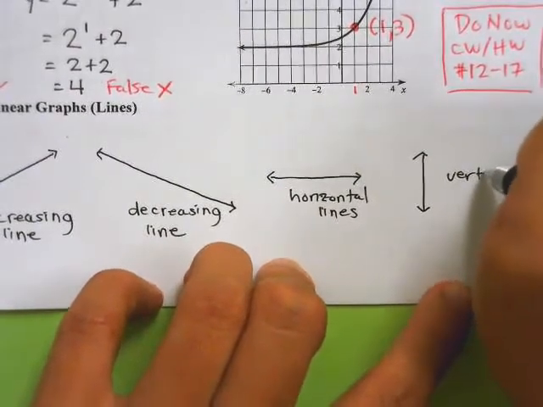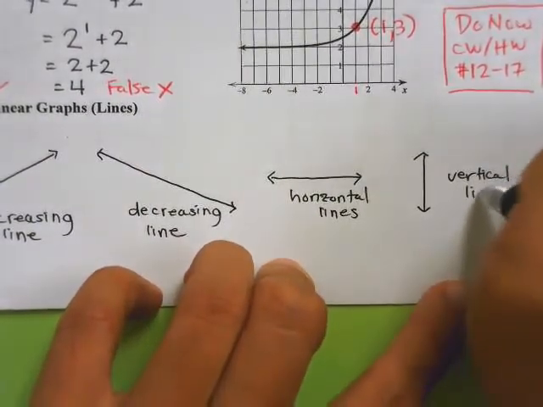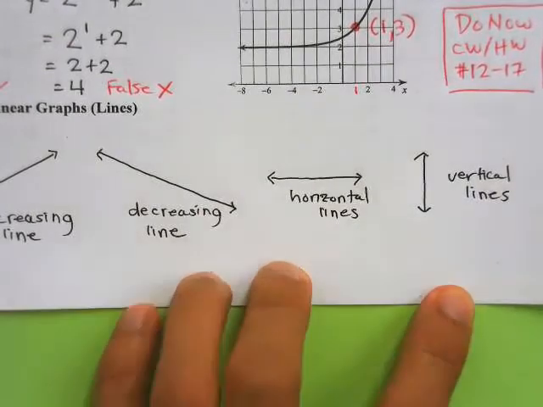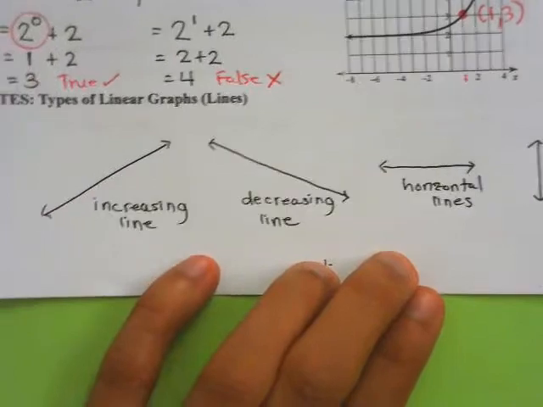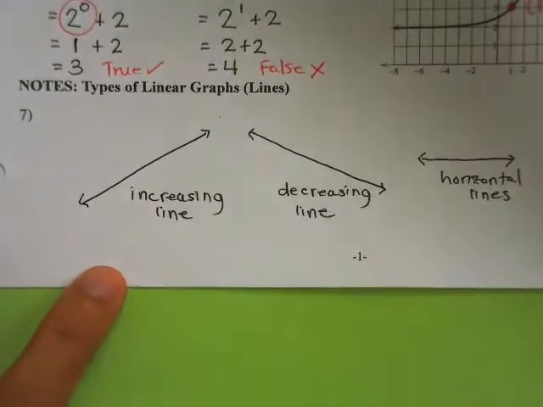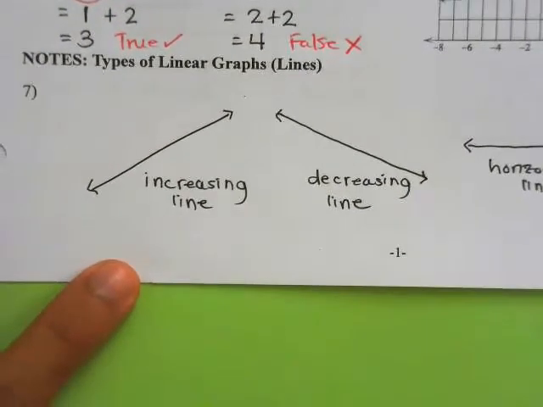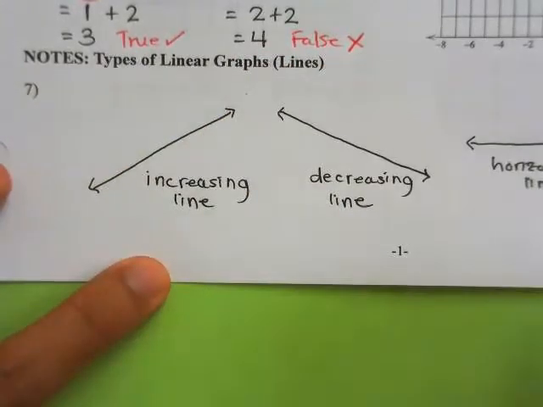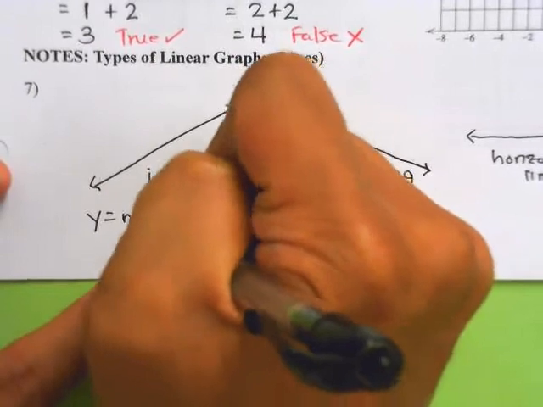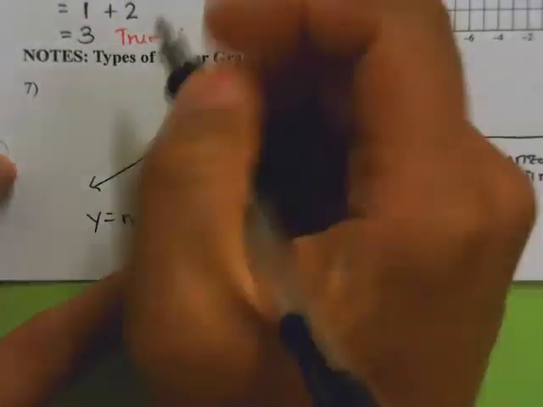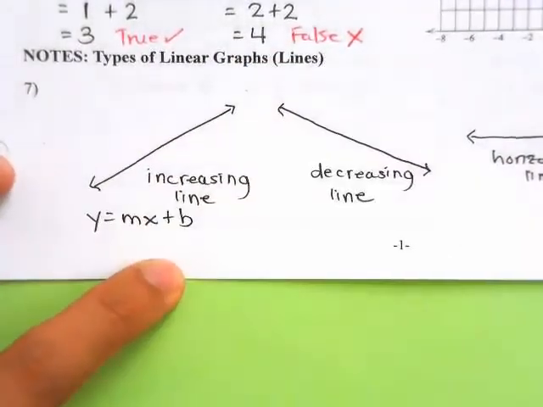Okay, we're not done yet with number 7 because we are going to have to see what type of equation we can come up with for some of these. In general, for your increasing lines, I'm just going to write a general equation, you could write something like y equals mx plus b.